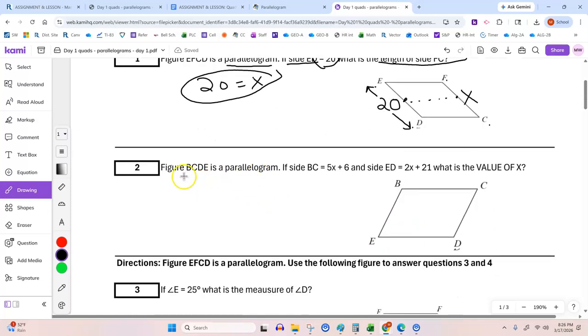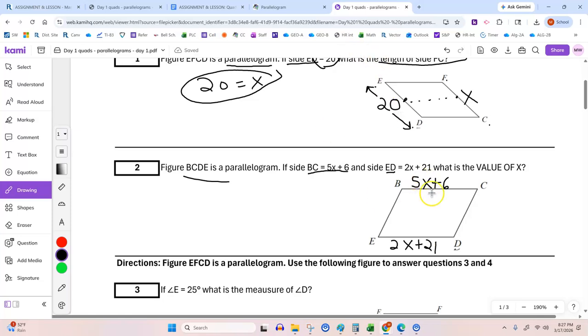Okay, so figure BCDE right here is also a parallelogram. Here it's saying BC is equal to 5x plus 6. So I'm going to put that over here, 5x plus 6. And then ED, which is down here, is 2x plus 21, okay?